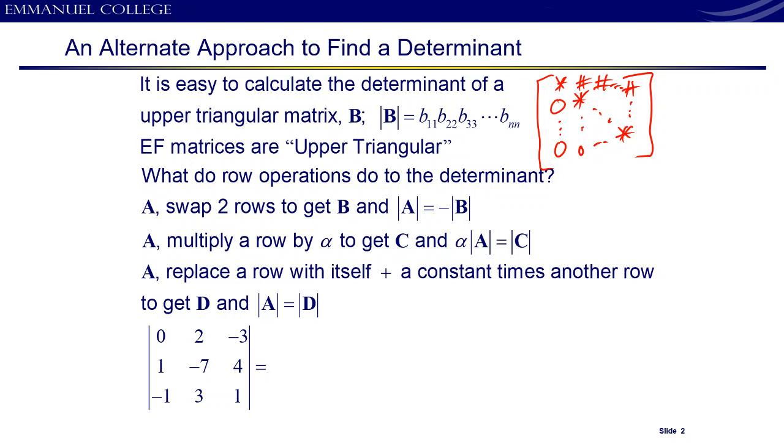So I would rather not have this 0, because I'm trying to get it in echelon form. I want to swap row 3 and row 2. So I swap two rows, and now I've got -1, 3, 1. And then this will be 0, 2, -3. And I left the middle row alone.